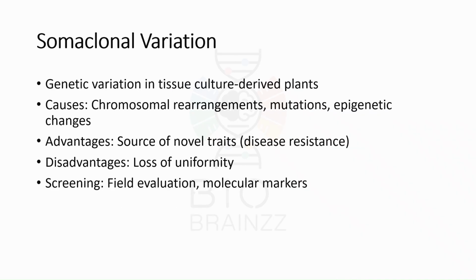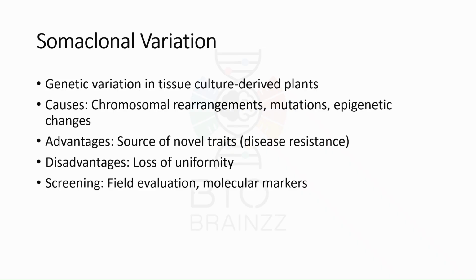Somaclonal variation refers to the genetic variability observed in plants regenerated through tissue culture. This variation arises due to chromosomal rearrangements, mutations, and epigenetic changes during in vitro culture. While it may seem undesirable, it can be a valuable source of novel traits.